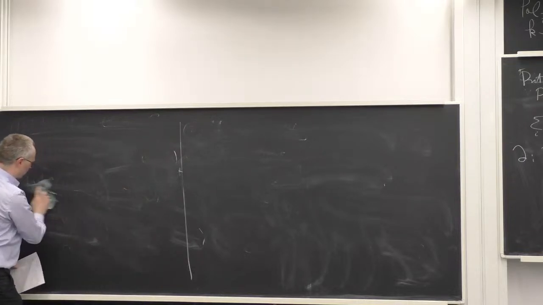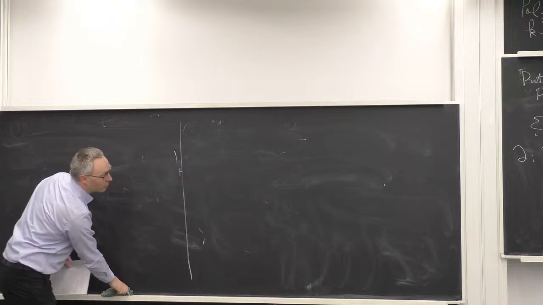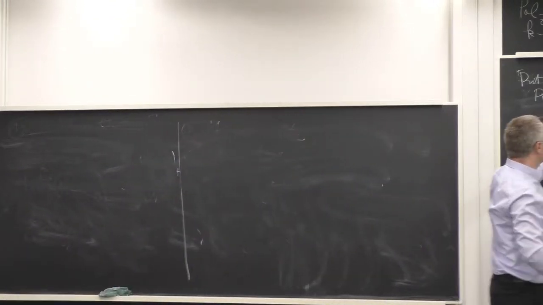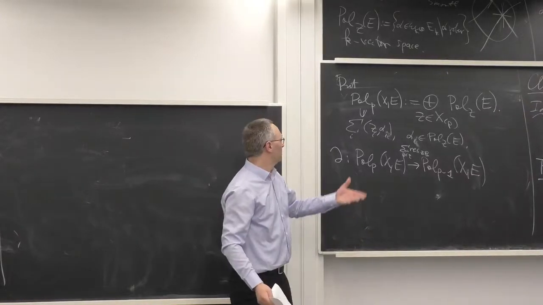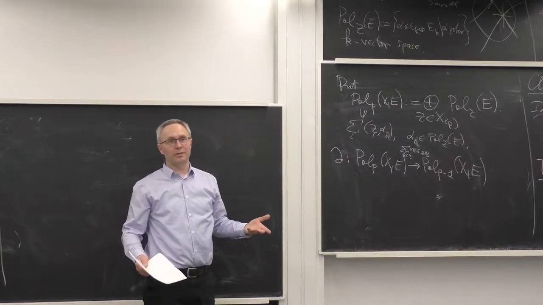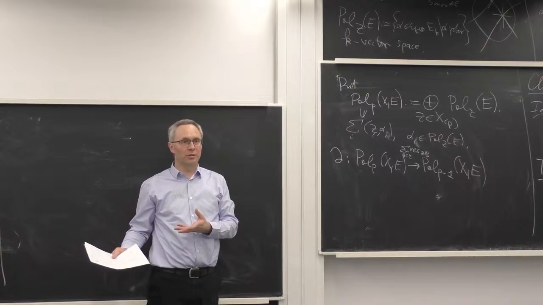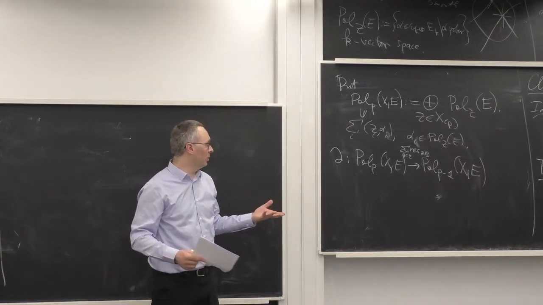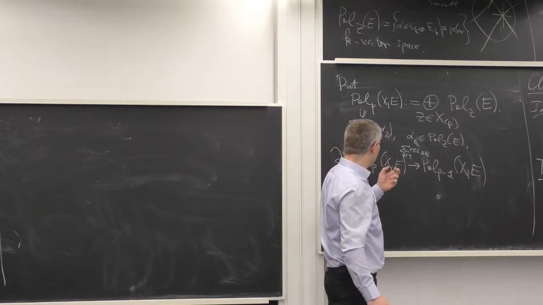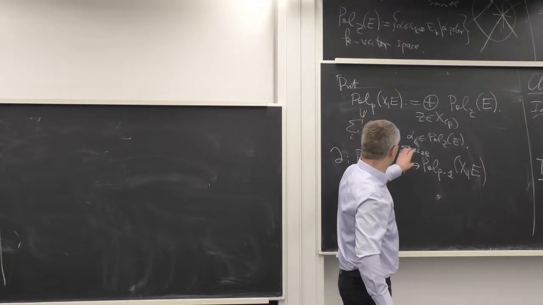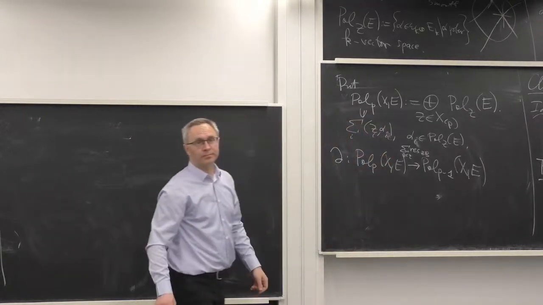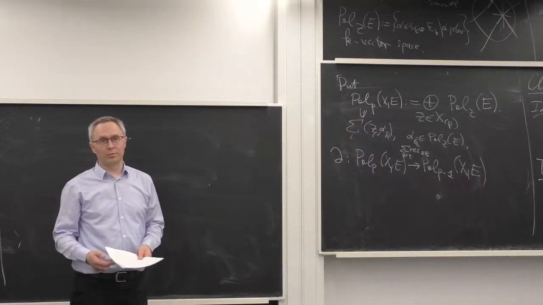It's absolutely trivial how to make a complex of flabby sheaves out of this complex: its section over U is the pole complex of U, nothing else. This is clear, but the question is what is its H0 and why is it locally acyclic? So why is it true that Zariski locally each cycle is a boundary or something, which turns out to be true.